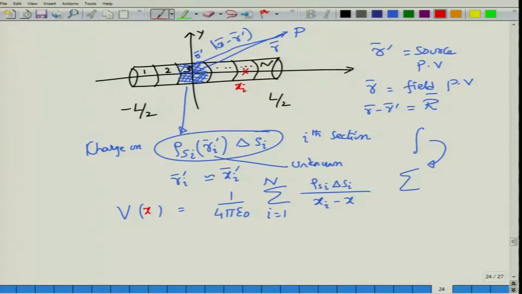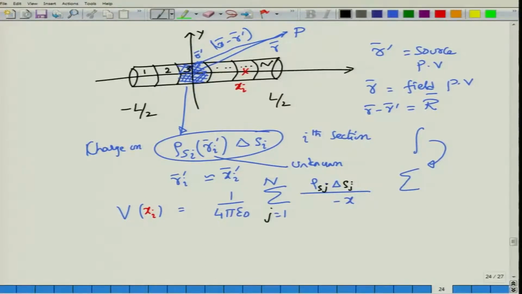The potential at the point x_i, because I have used the index i for this, I have to change the index over here. So instead of talking about the ith section, I will be talking about the jth section. So I have j equal to 1 to n, rho s_j delta s_j.